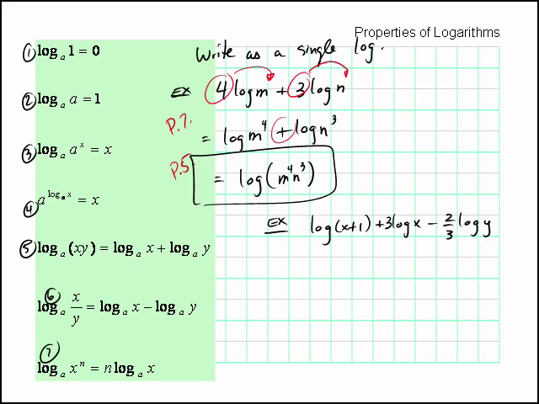We're going to write this as a single logarithm. The first thing I'm going to do is use my property number 7, and I'm going to put the 3 here back in as an exponent, and also the 2/3 as an exponent. So this gives me the log of x plus 1 plus the log of x cubed. Oh, that's a plus sign, sorry. It's a plus sign right there. And then minus the log of y to the 2/3.